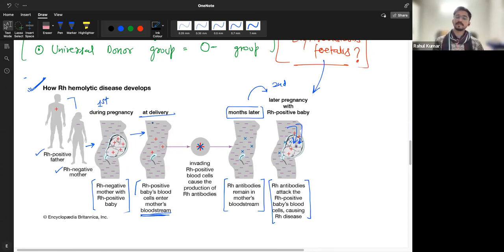You understand? So after the first childbirth, just think of it like this. There was a child in the womb who spilled the milk while coming out. Now, if the mother's system gets to know that the child has unintentionally spilled something that can cause harm to the next child, it will react.